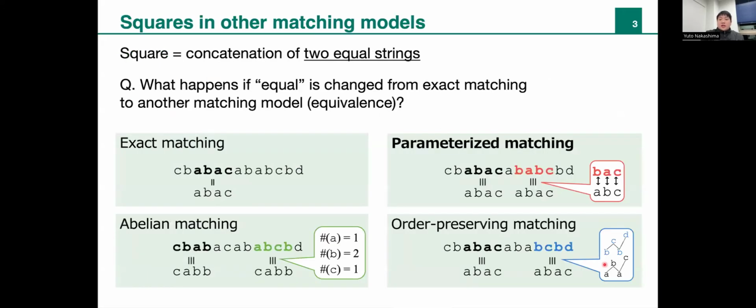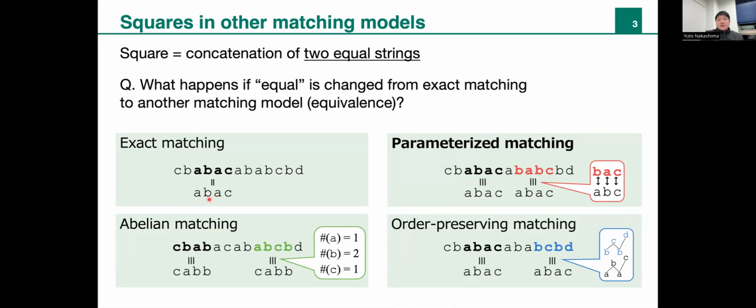Again, a square can also be introduced as a concatenation of two equal strings. Due to this fact, there is a simple extension of squares. The question is, what happens if "equal" is changed from exact matching to another string matching model or equivalence model?